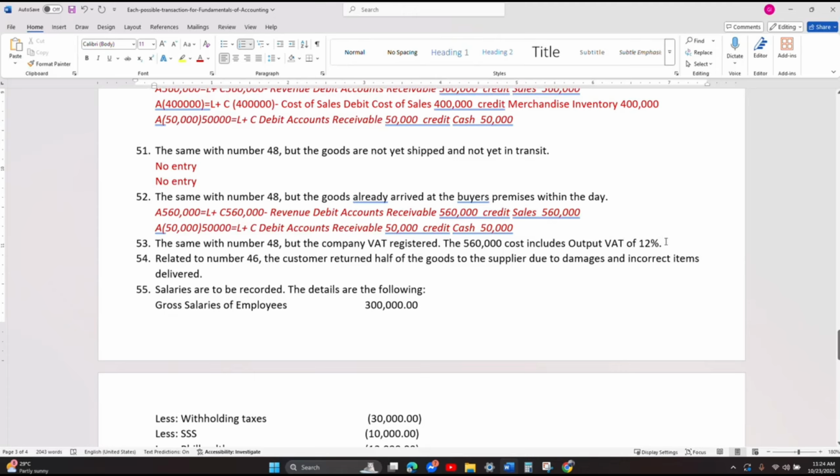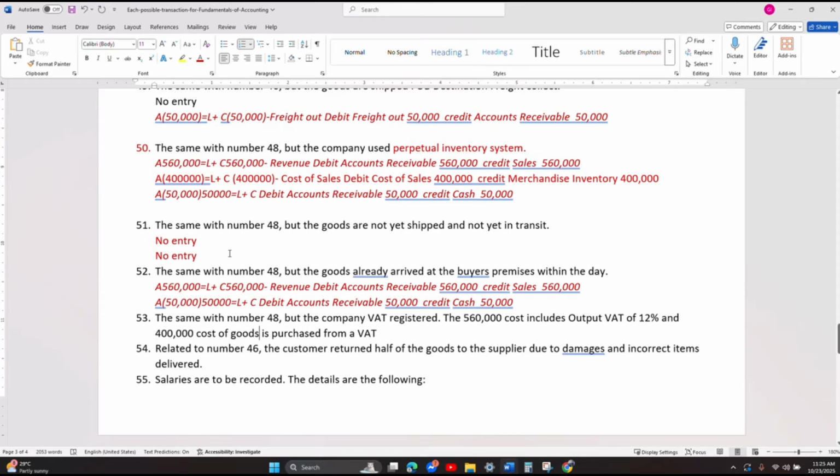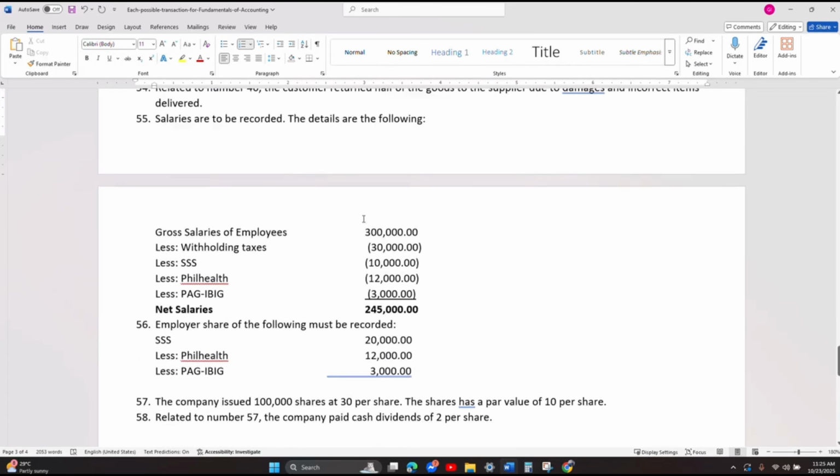So let's analyze it. And let's add something. And the 400,000 cost is purchased from a VAT registered supplier also. Because I guess the cost is 400,000. Yeah, you sold at 560, the cost is 400,000.